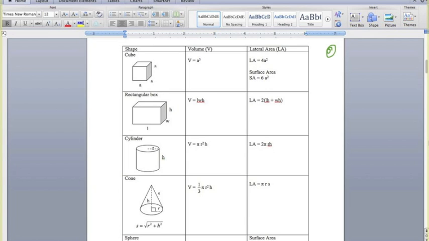So we could have the bottom be a square, and the top would be a square as well, and it stands straight up, and we get what's called a cube. Okay? We could have just a general rectangle as our bottom, rectangle on the top, it stands straight up, and we get what's called a rectangular box or rectangular prism. You think about like a shoebox when you're trying to visualize these problems.